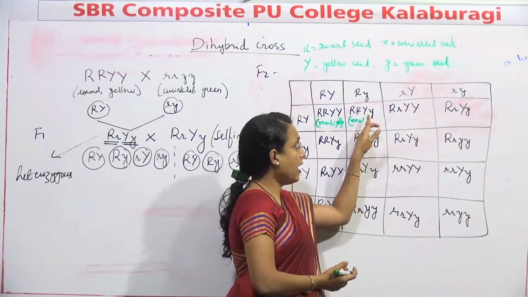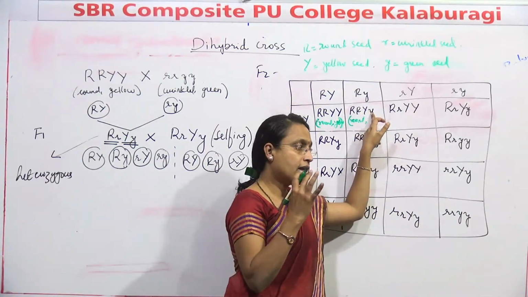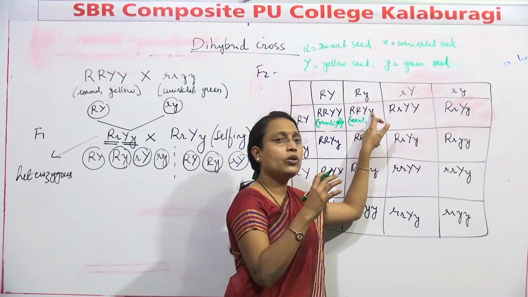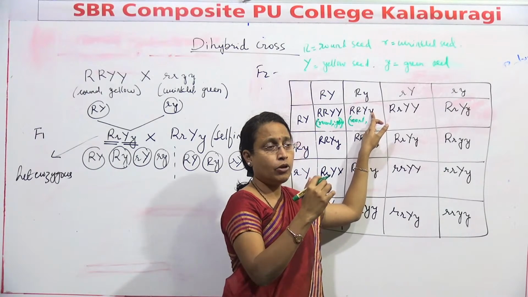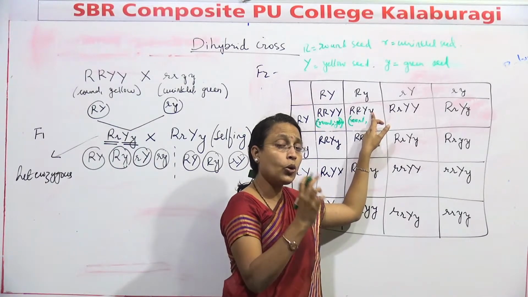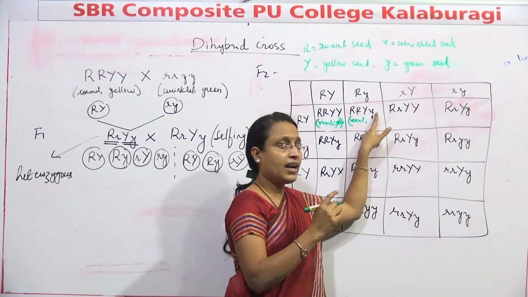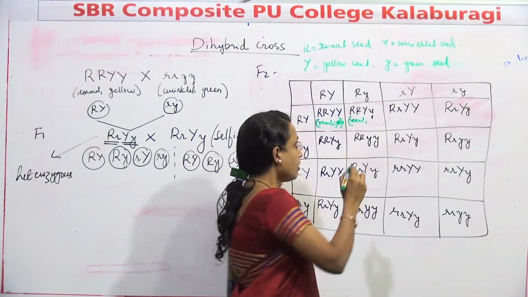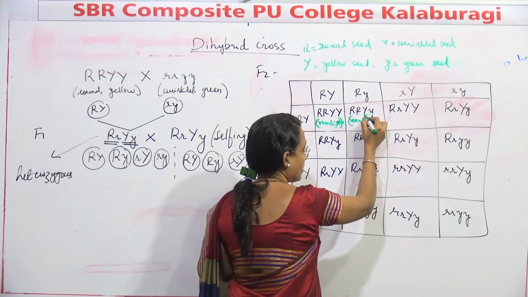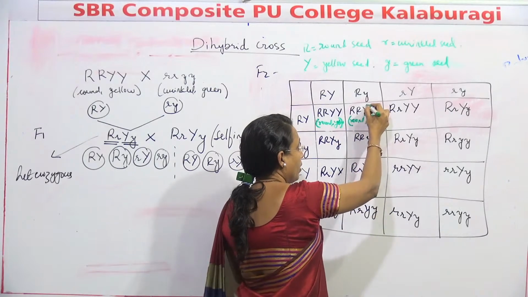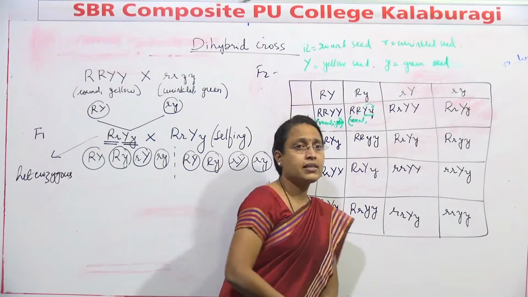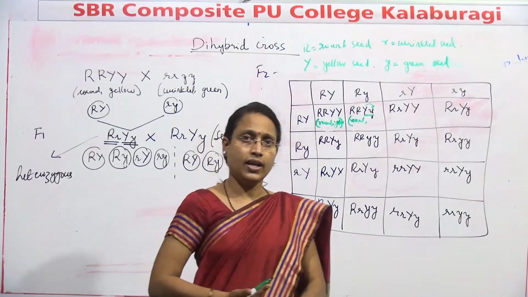Where, as you can see, heterozygous condition has come. When heterozygous condition comes, you have to take care and find out what phenotype to write, because in heterozygous condition you should notice which is dominant and which is recessive. Here there is a capital Y and small y, and always the dominant allele will be masking the effect of the recessive allele.